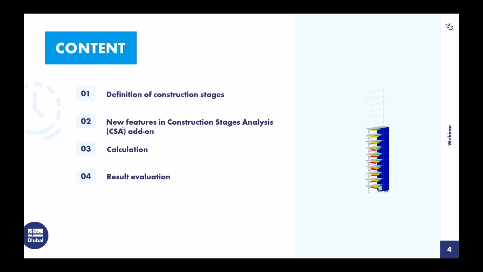Afterwards, I will show a little bit bigger example with a building known from the first stages webinar, and at the end I will show again a smaller example with a new feature in construction stages regarding the phased cross sections. For all these examples, it's quite similar: I show the input, the calculation, and then we take a look at the results.